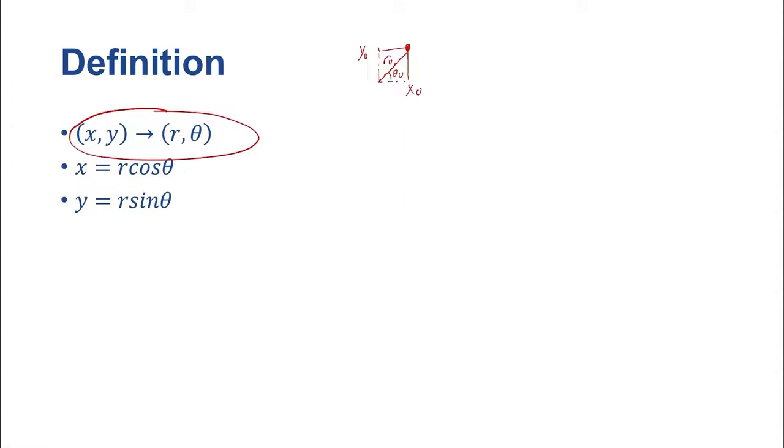So if I am given a function, or a relation including x and y in there, then I can convert that to f of r and theta by maneuvering this around such that x equals r cos theta, y equals r sine theta. Or wait, sorry, this is the other way around. If I'm going backwards to f of x, y, and I start with f of r theta, I can convert that in such a way.